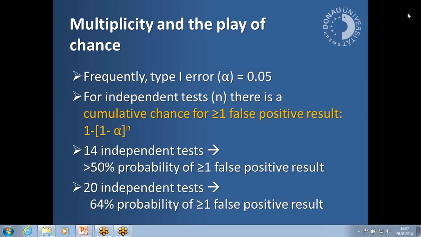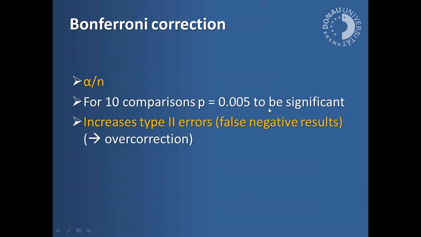As I said, the probability is cumulative to have false positive results, and this is the major problem of multiplicity of testing. For example, you can do a statistical correction like the Bonferroni correction, where you divide the alpha error by the number of independent tests.